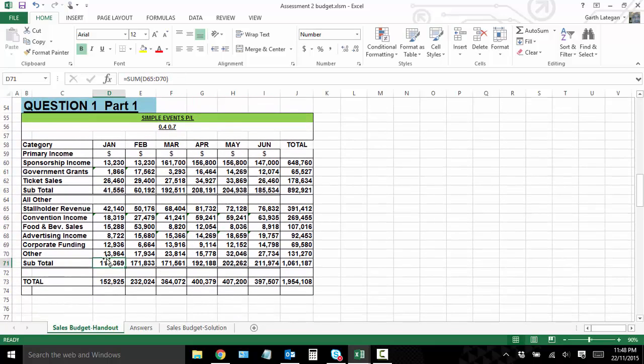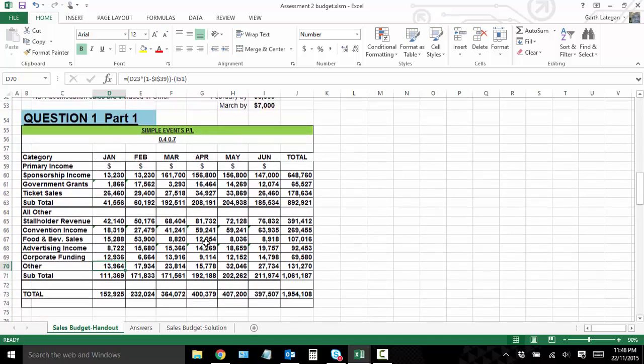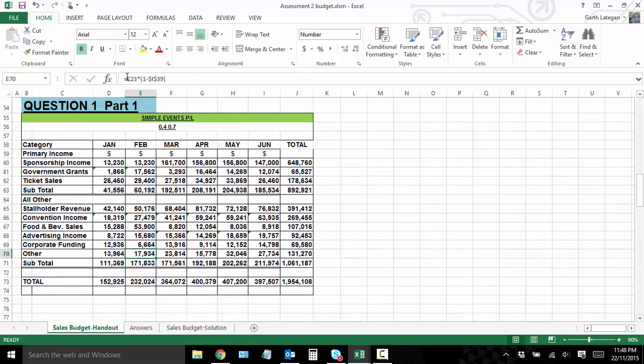I just like to put these in brackets as well, just to make sure. So the next one is February, then in brackets, make sure they get looked after first. Minus.